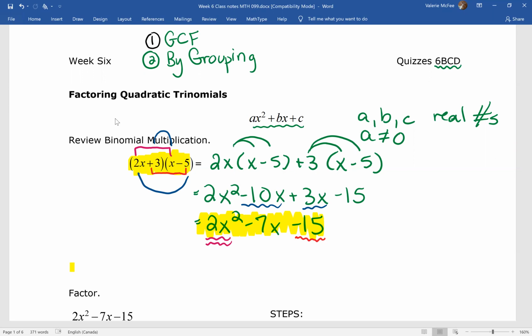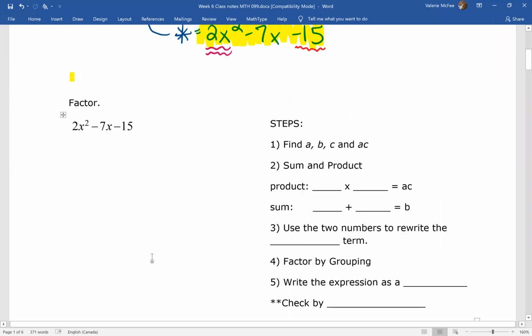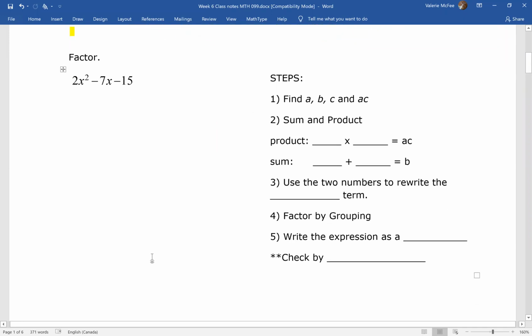So we want to be able to work backwards now when we're factoring. We're going to start with the trinomial and try to determine what we multiplied to get there. We already know the factorization for this trinomial, we just multiplied it here, but let's see if we can work backwards and get there. The first thing I want you to do is find a, b, and c, and a times c.